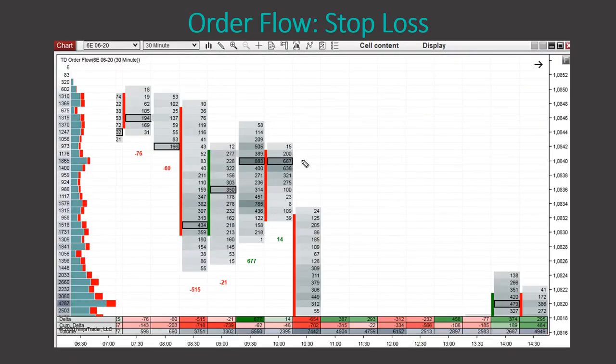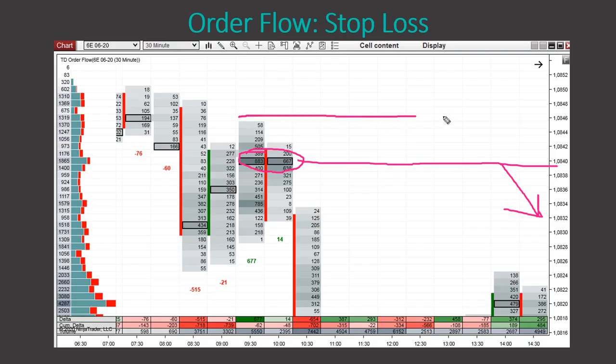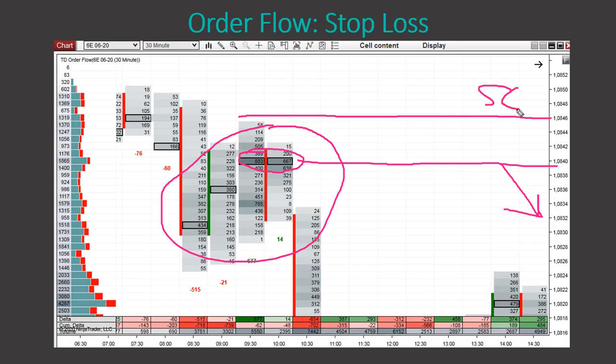Now imagine you have a short level from this double node. The stop loss in this case would be either one tick above the high of this area, this whole area. So this would be the stop loss, or you can also use the fixed stop loss, which would probably be a little bit wider because this is actually pretty tight stop loss.